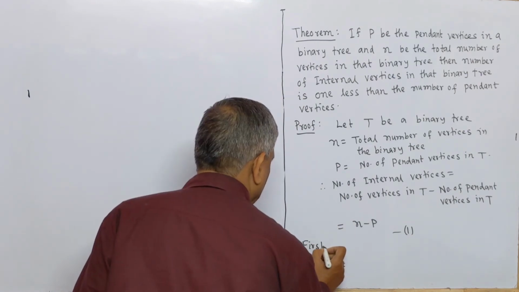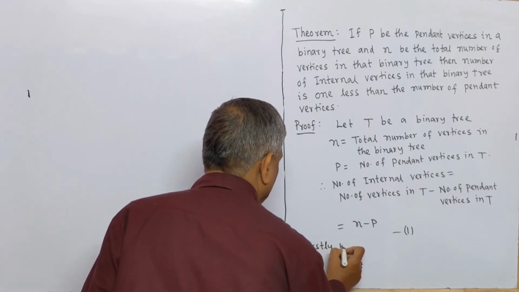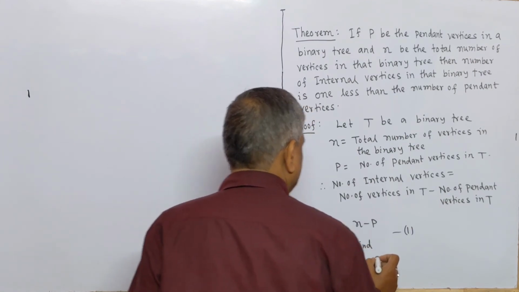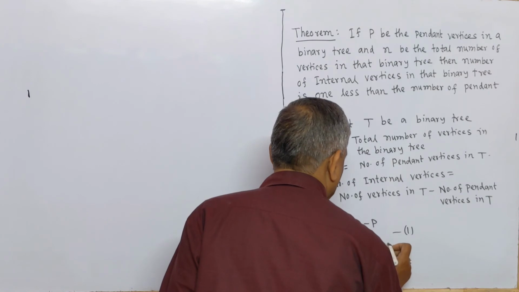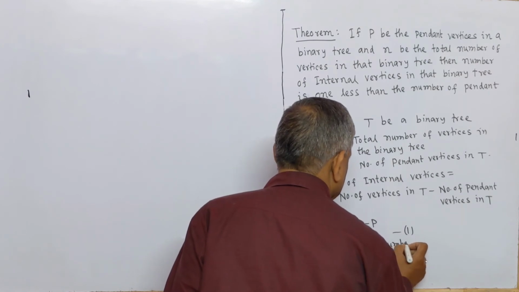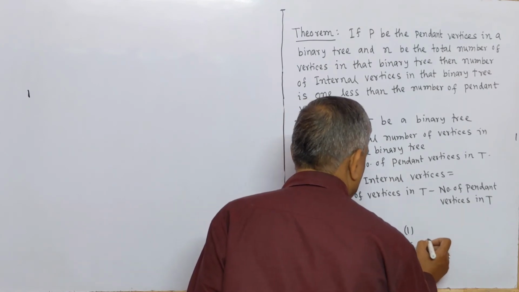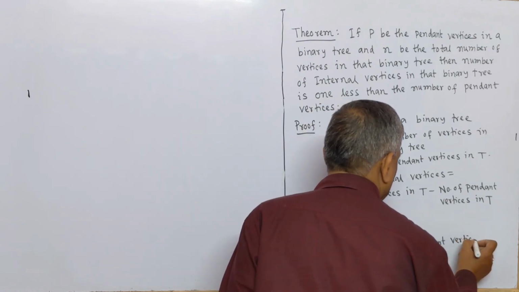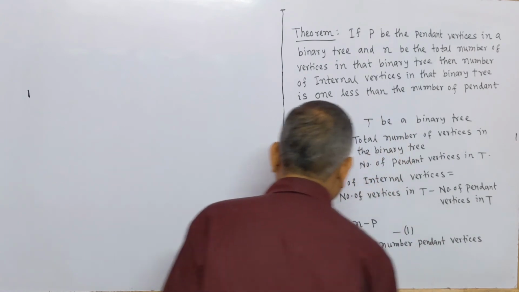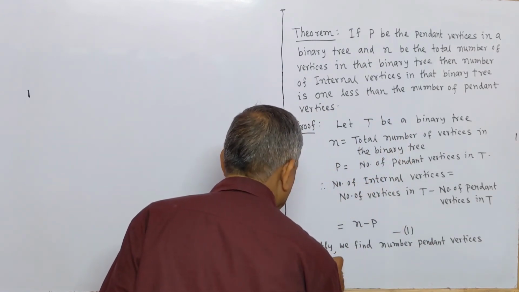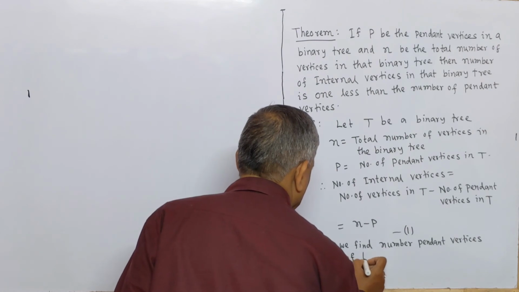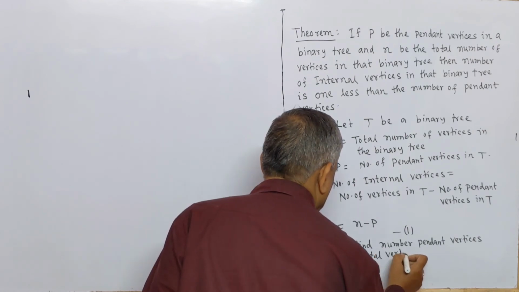Firstly, we find the number of pendant vertices in terms of total vertices.